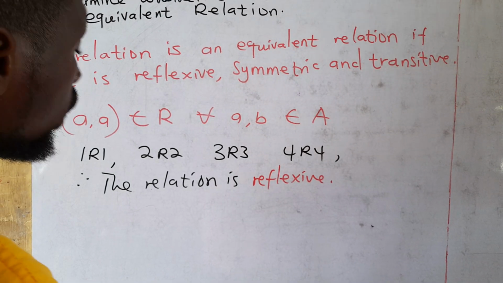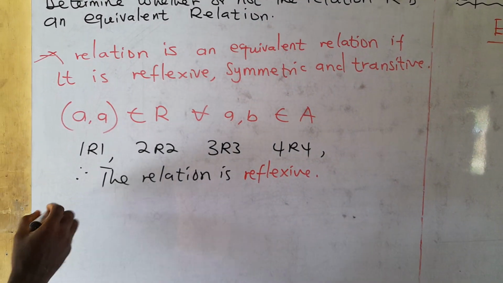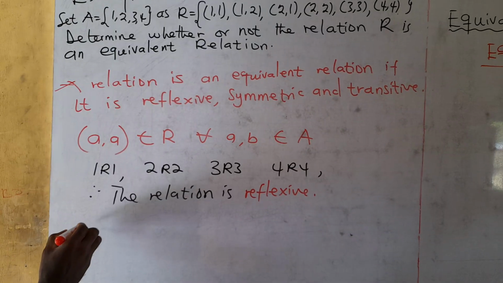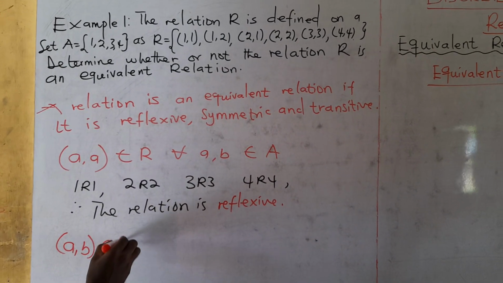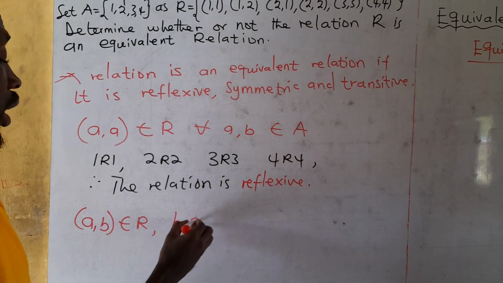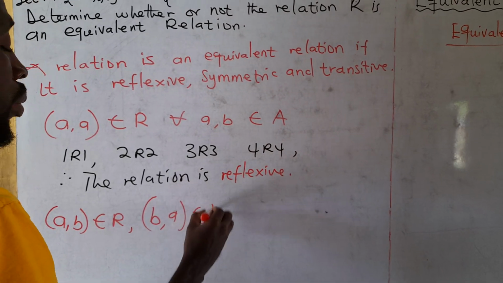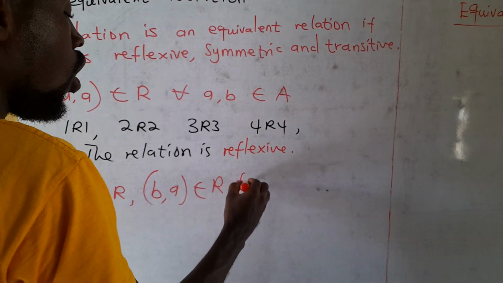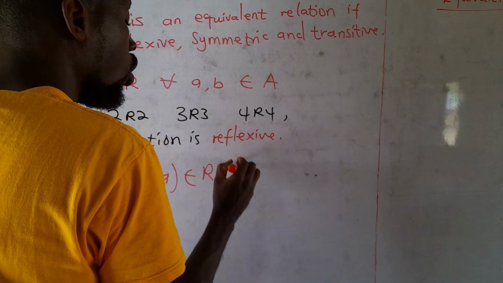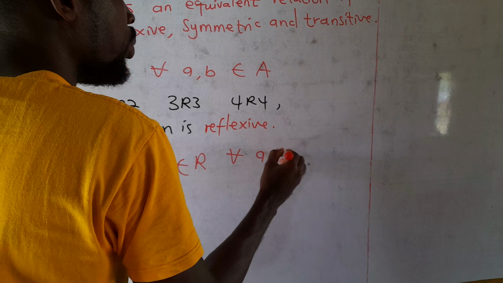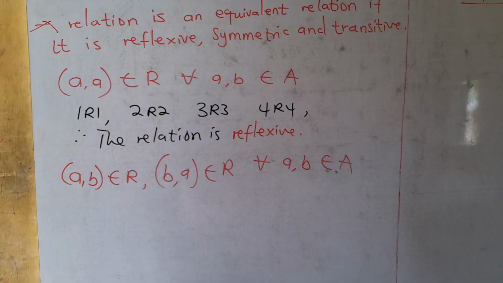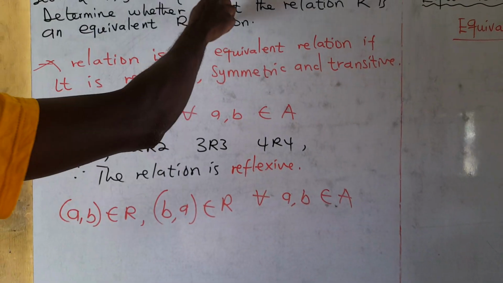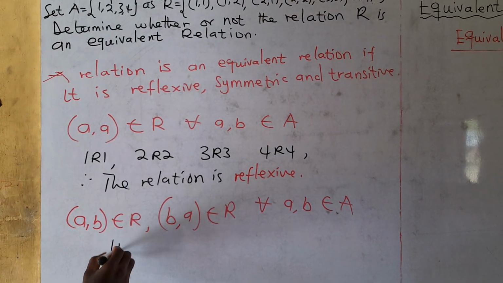Now we check the symmetry property. Remember the symmetry property? We say if (a,b) is a member of R, then (b,a) must also be a member of R for all a, b that are members of the set A. I hope you get that. So let's check. 1 relates 2.